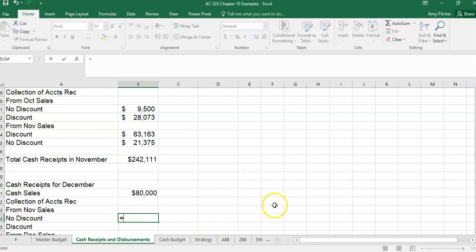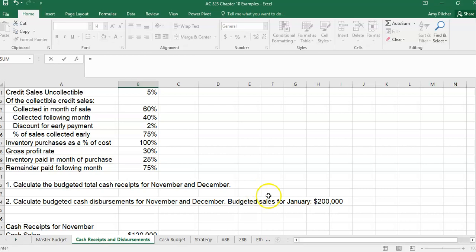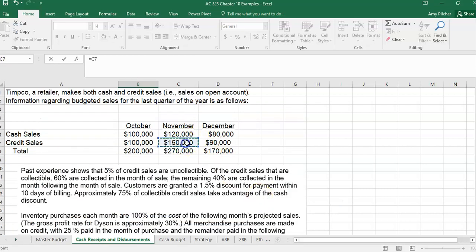So our no discount sales, I'm going to take our November credit sales times 0.95 times 0.4, we're in the month after, times 0.25.